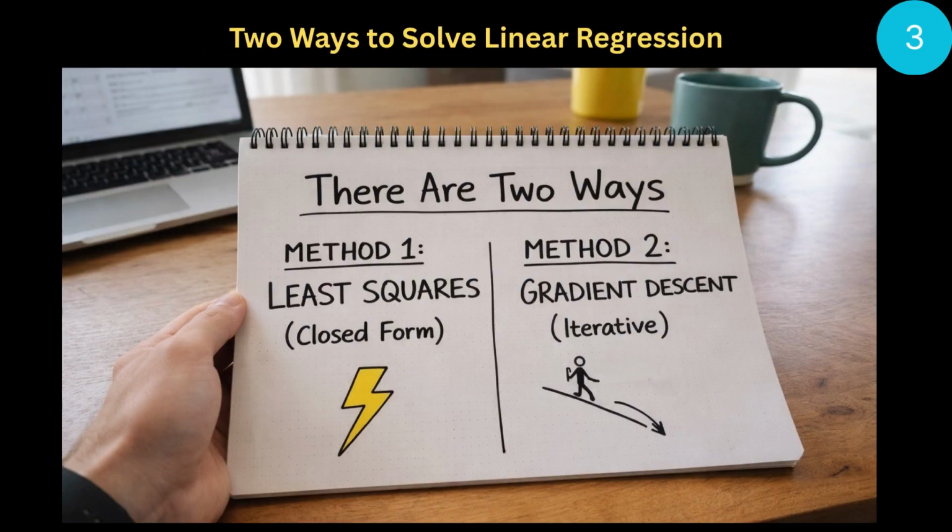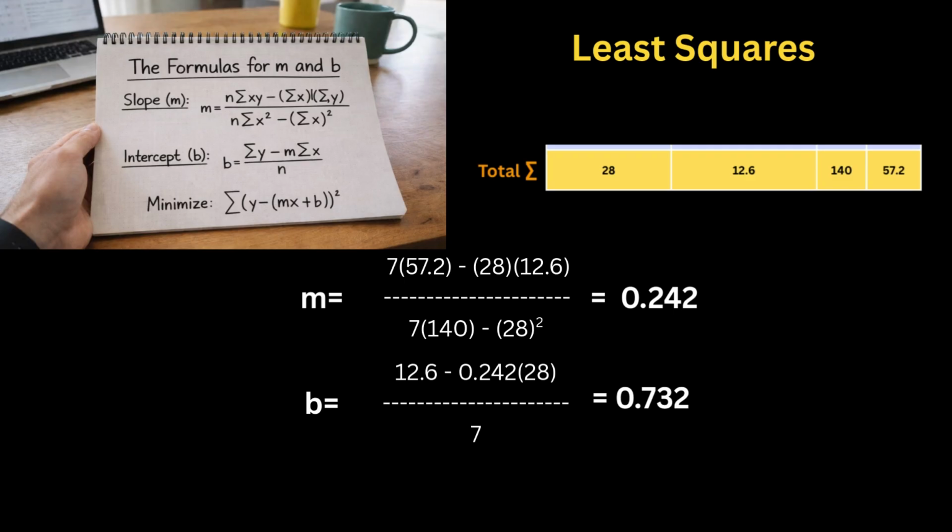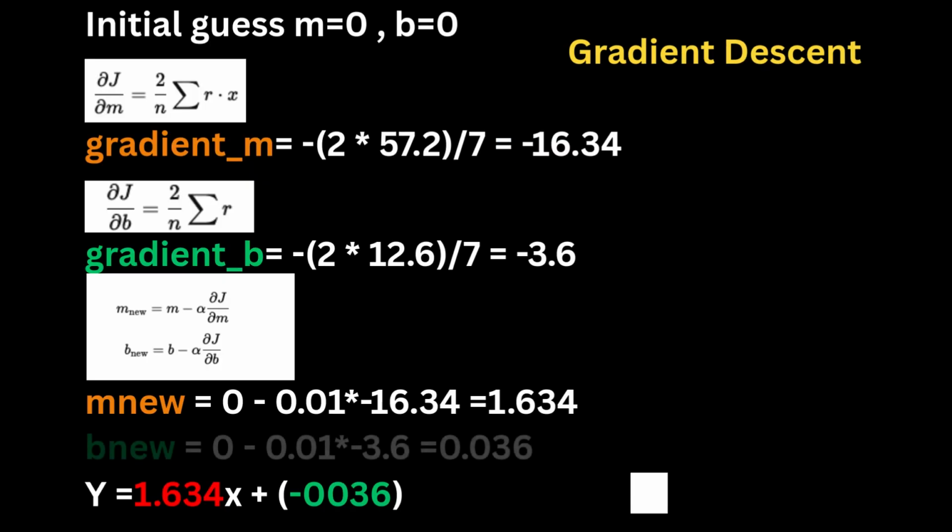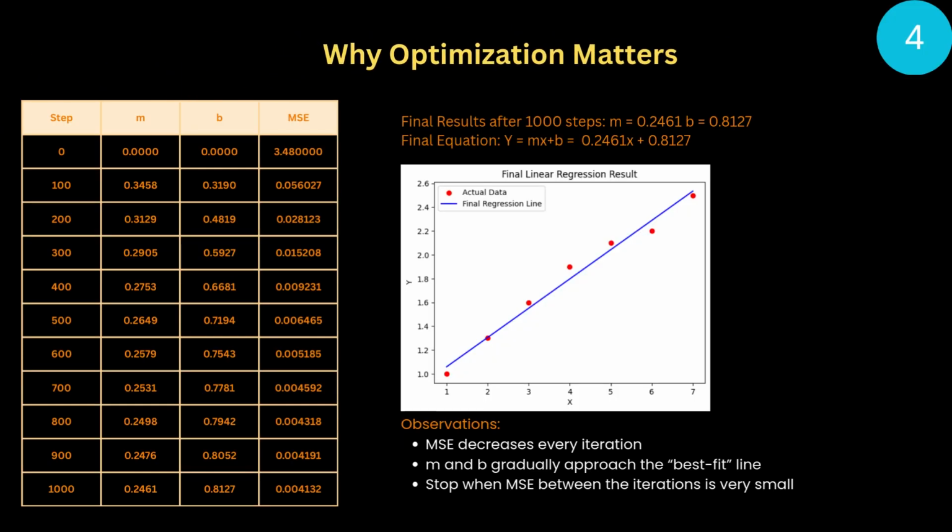3. 2 ways to solve linear regression. We solved it using the method of least squares, direct algebra, closed form solution, and we also solved it using gradient descent, step-by-step optimization. 4. Why optimization matters.